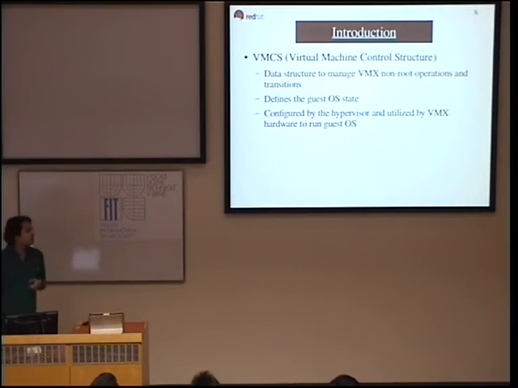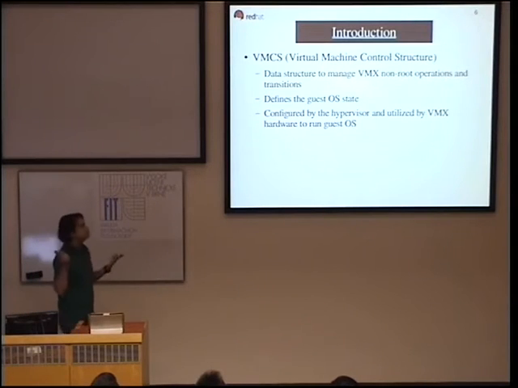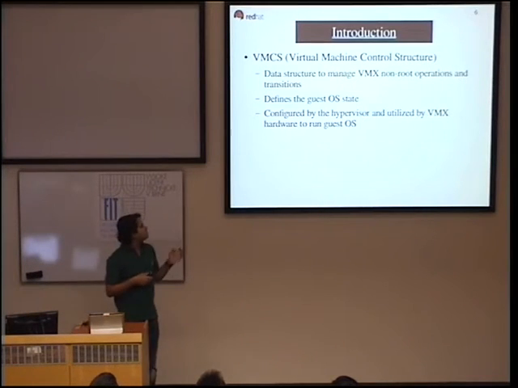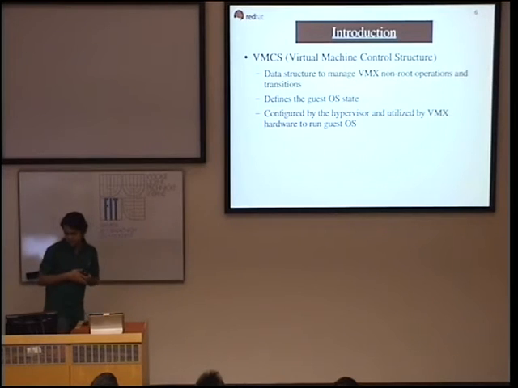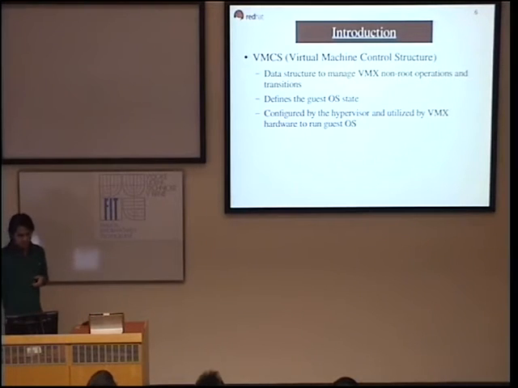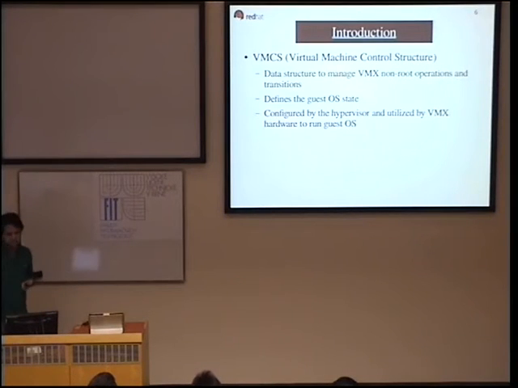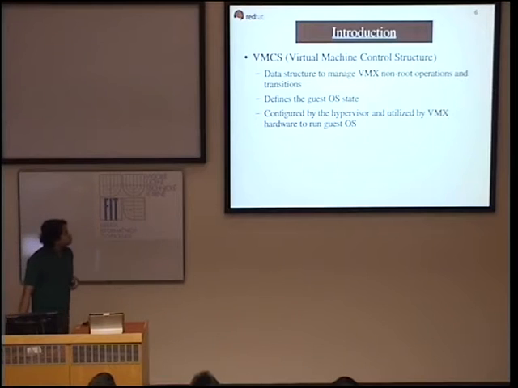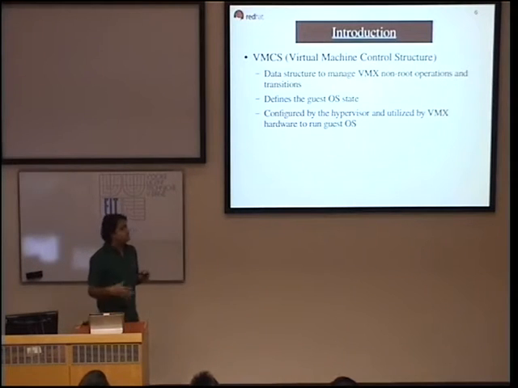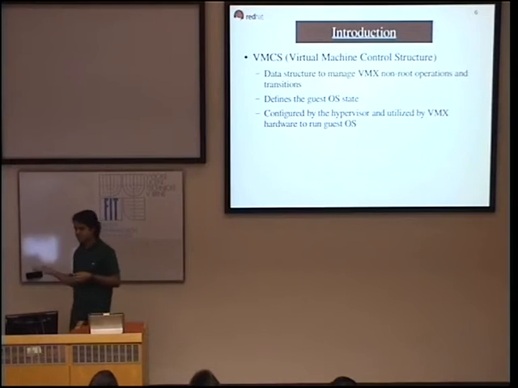So these two slides are probably redundant because Drew has covered them, but nevertheless, I'm just going to quickly go through them. This is the building block of x86 virtualization, and we need to know about this before we can jump to nested virtualization. It's a data structure that is defined by the hypervisor and then loaded onto the CPU.